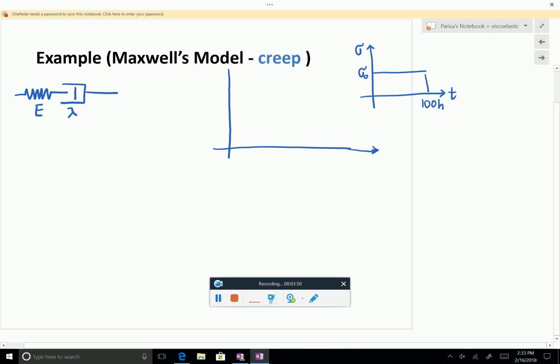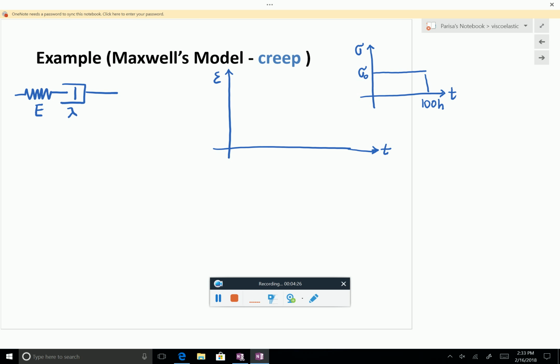How would the strain versus time diagram look like? And then we have to calculate it.